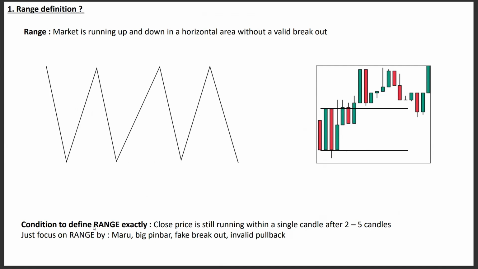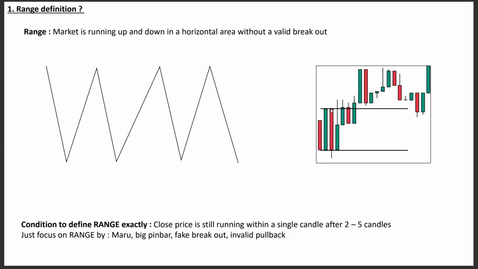Now, conditions to define a range exactly: price running within a candle after 2 to 5 candles. So a Marubozu, pin bar, fake breakout, and invalid breakout can cause a range. For example, this candle forms, then another candle forms here. A bullish candle opens from below and closes above.